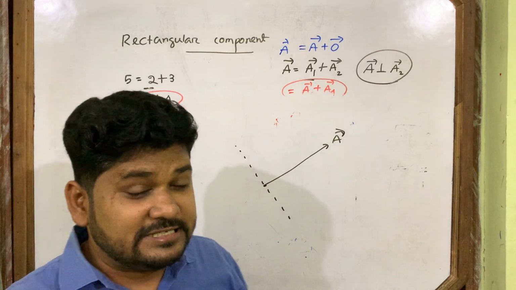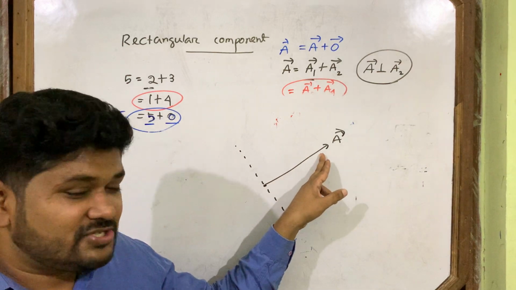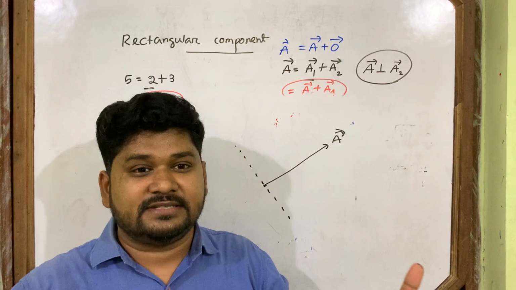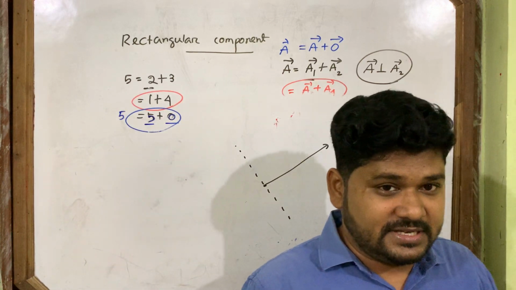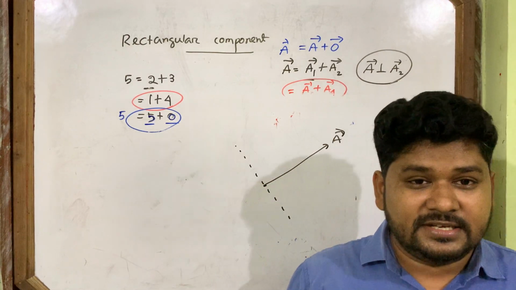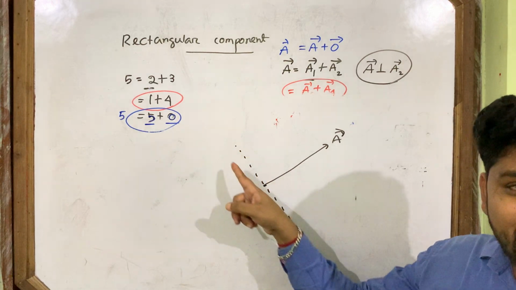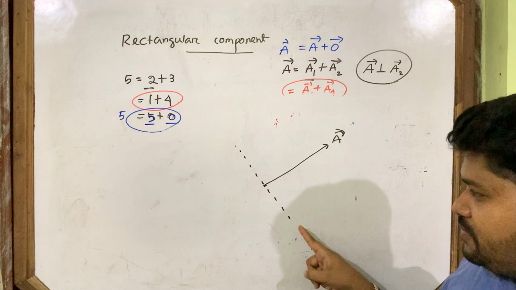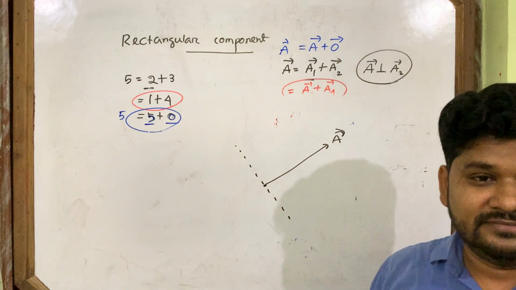So what question can be asked here? Vector A has no component in which direction? This question sometimes comes in exams. The answer is perpendicular to it. A vector has no component perpendicular to it.